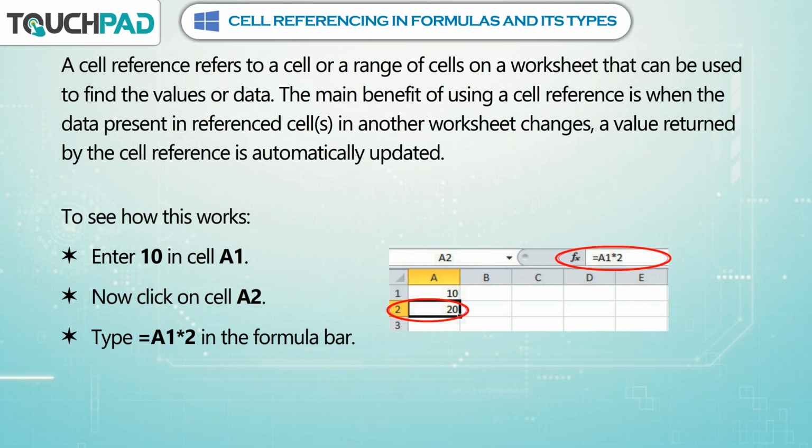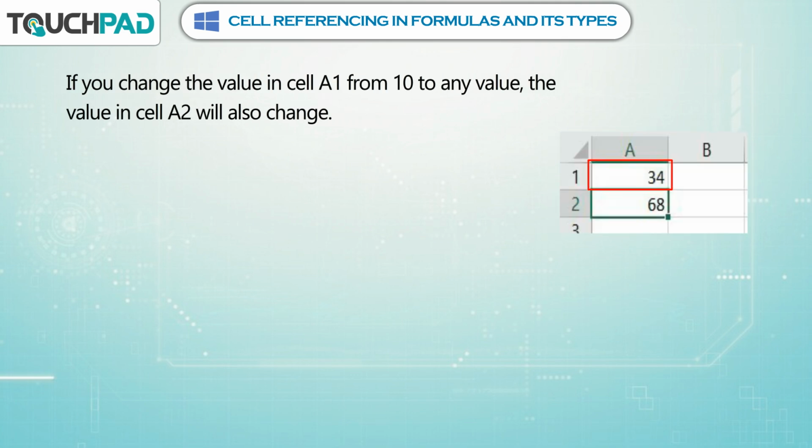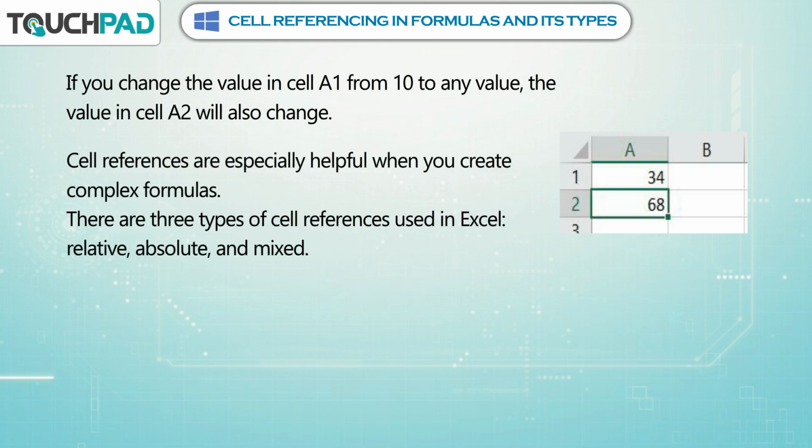Type =A1*2 in the formula bar. Press the Enter key. The value in cell A2 is 20. If you change the value in cell A1 from 10 to any value, the value in cell A2 will also change. Cell references are especially helpful when you create complex formulas.